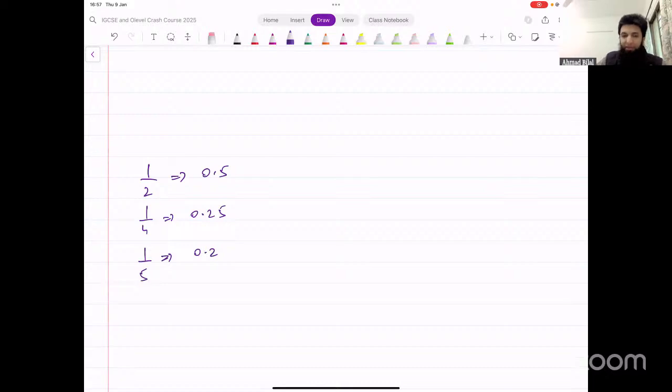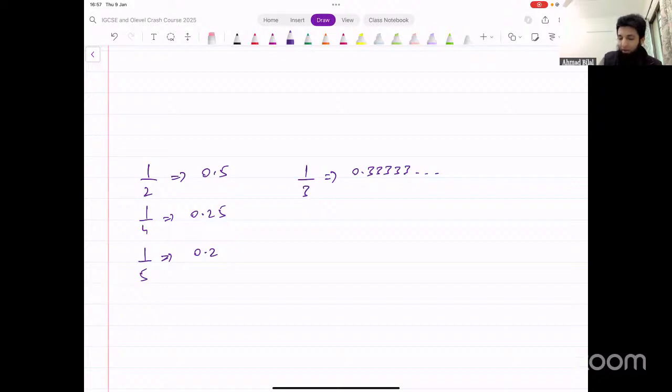But there are some recurring decimals that you should remember as well, which will be very helpful for your mental math when you're attempting problems like these. 1 over 3, for instance, what's that? You will need to remember this because you will not have a calculator available in one of the papers, right? 1 over 3, what is the estimate for that? It's 0.33333, right? That's what it is, 1 over 3.